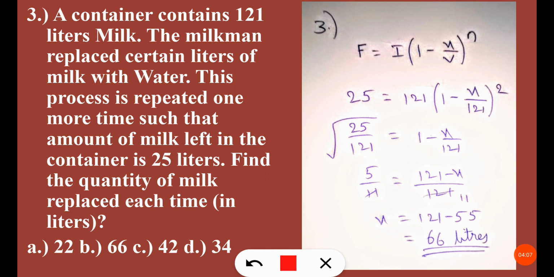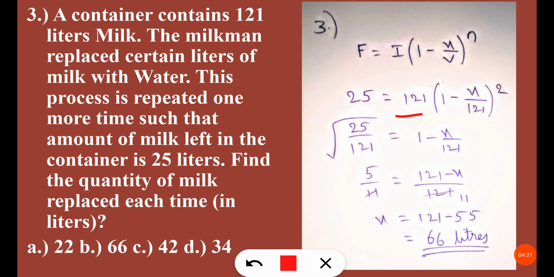Moving to the substitution part, the final mixture is 25 liters. How? Here we can see that this process is repeated one more time such that the amount of milk left in the container is 25 liters. This 25 liters is the amount of milk that was left, so that's why 25 liters is the final mixture.